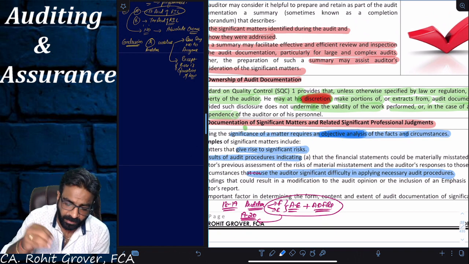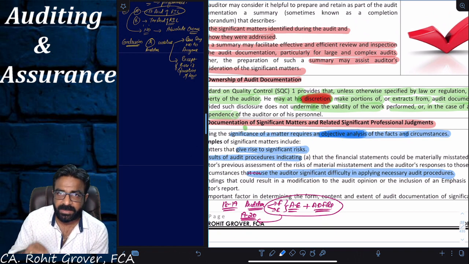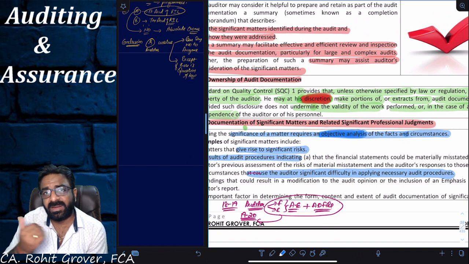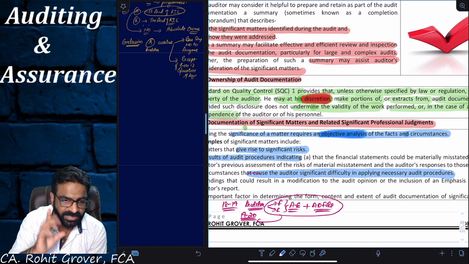That's why I'll make a record on the spot. This year I found the difficulty because I was not able to do the inventory, as the inventory is lying in one factory and the factory is in the Naxal area. So that next year you can plan other kinds of audit procedures, other alternatives to verify their inventory. Crystal clear or not? Yes.